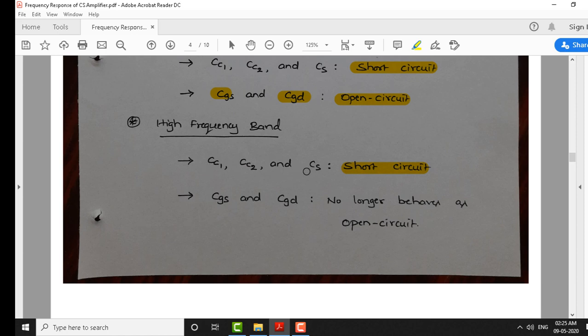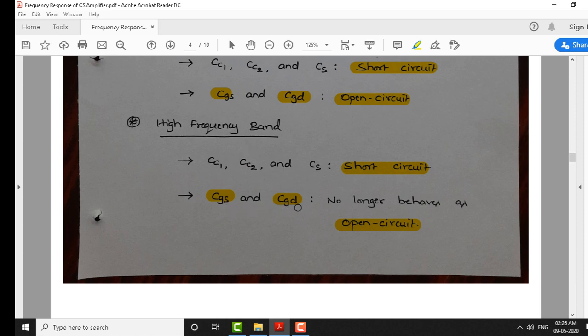However, the internal capacitances of the MOSFET, CGS and CGD, are no longer behaving like an open circuit. Since the frequency is very high, their capacitive reactance becomes very small, so these two capacitances act like a short circuit in the high frequency region.